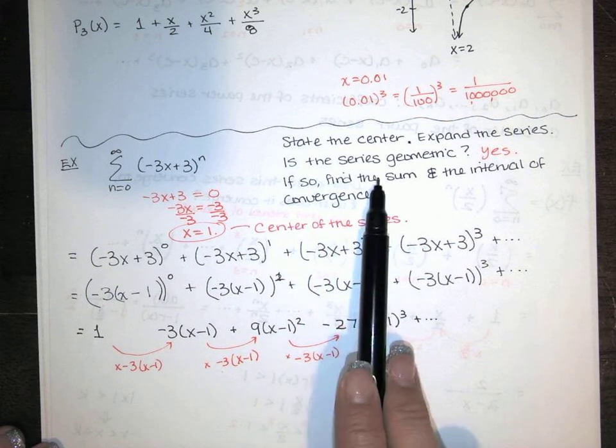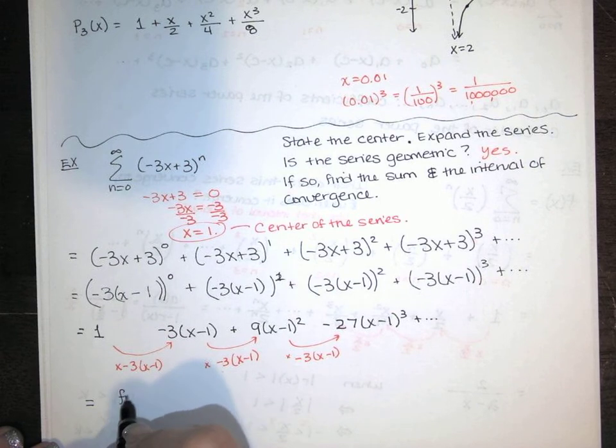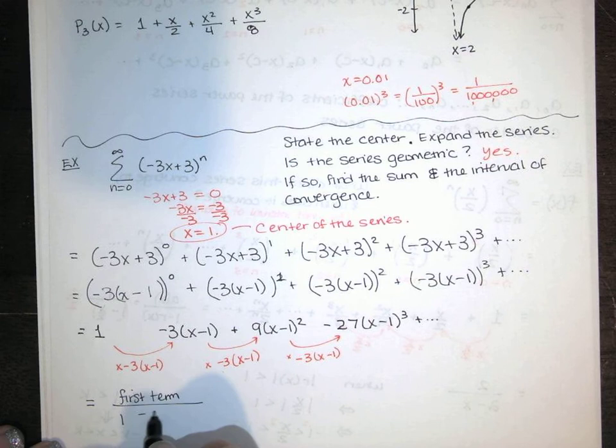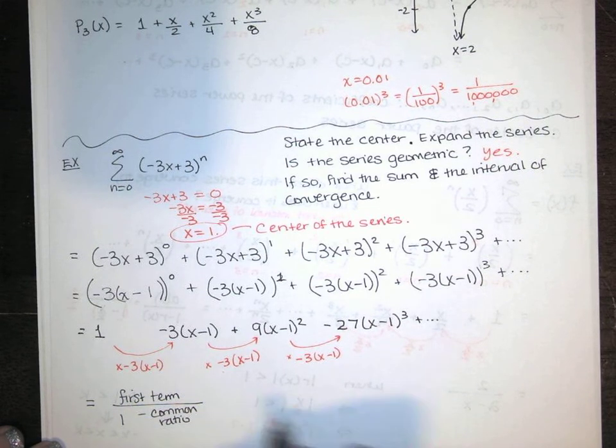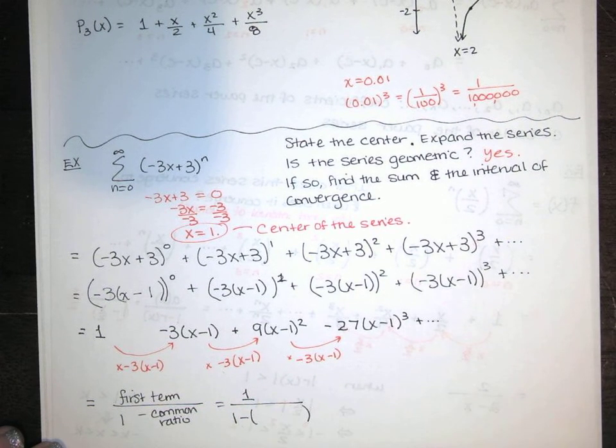So we want to find the sum of the series and the interval of convergence now. The sum of the series is the first term over 1 minus the common ratio. The first term is 1, and the common ratio is negative 3 times x minus 1.